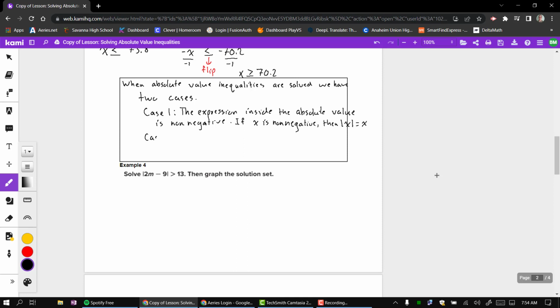Case 2, as you might think, what happens if it is negative? The expression inside the absolute value is negative.